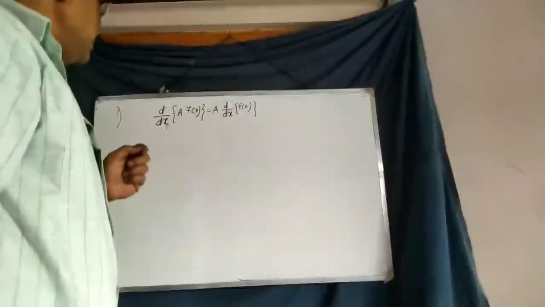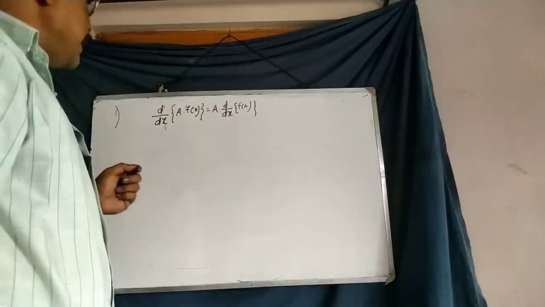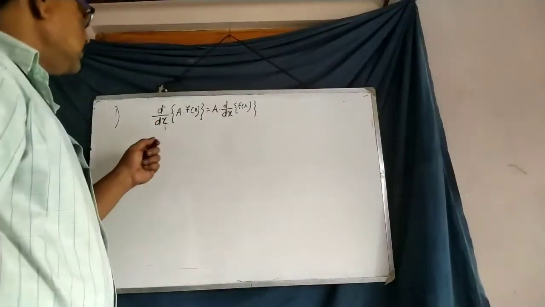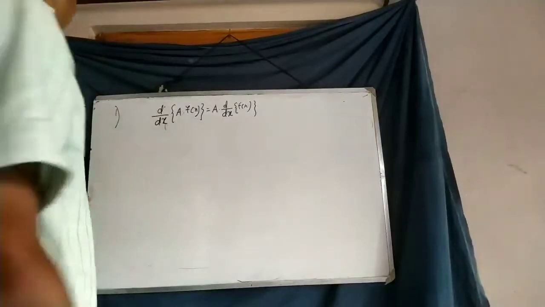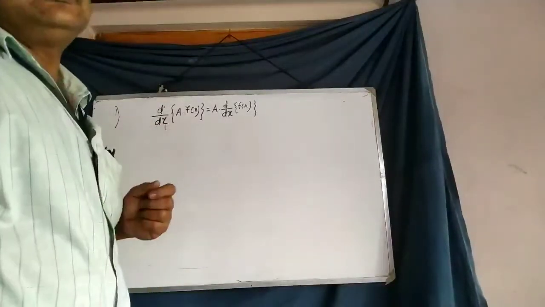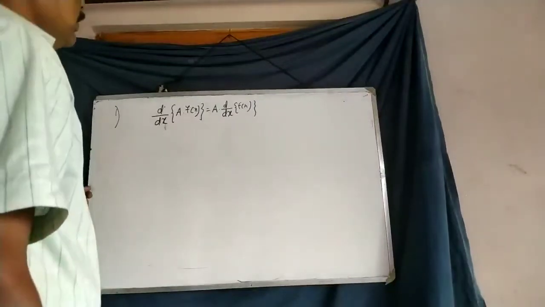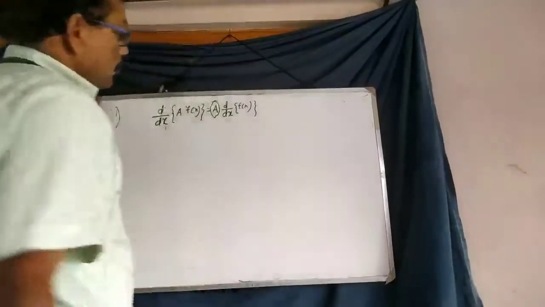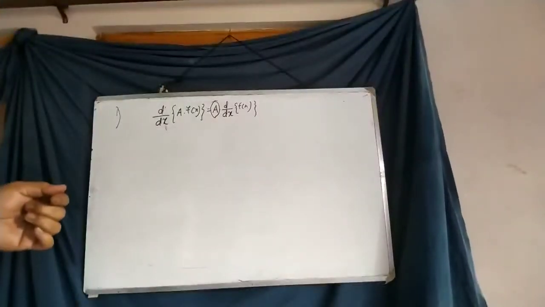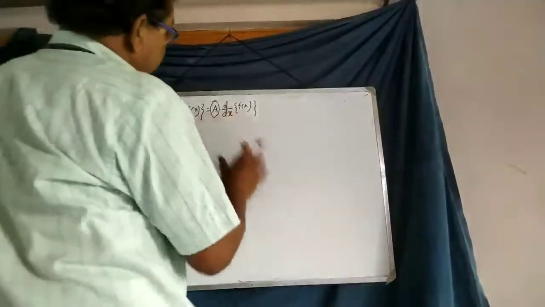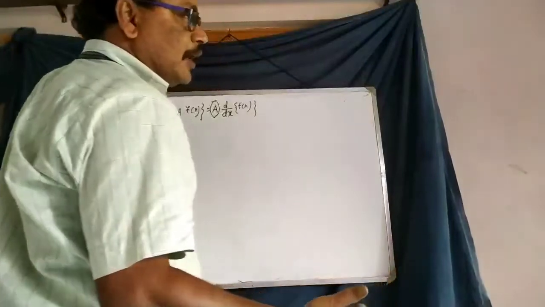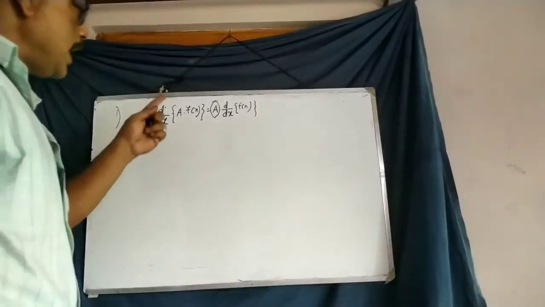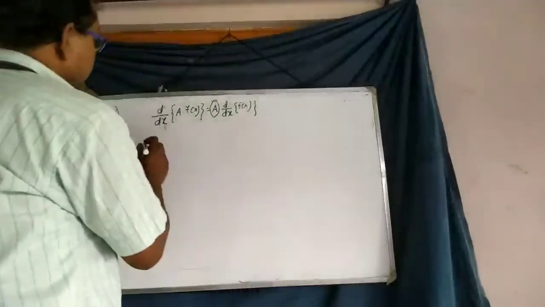If a constant is multiplied with a function, then the constant will go outside the domain of differentiation and will act as a constant again with its same value. So d/dx of a into f(x) is equal to a into d/dx of f(x).